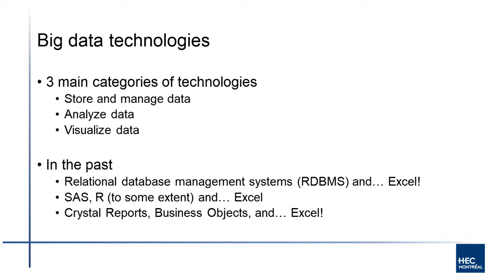So in the past, or in the current times in many organizations still, we really had one main technology to store and manage data, and that is what we call the Relational Database Management System, or RDBMS, so your Oracle, Sybase, DB2, Microsoft SQL Server, and whatnot. And of course, the overarching, ever-present system that we have in organizations, that is Excel.